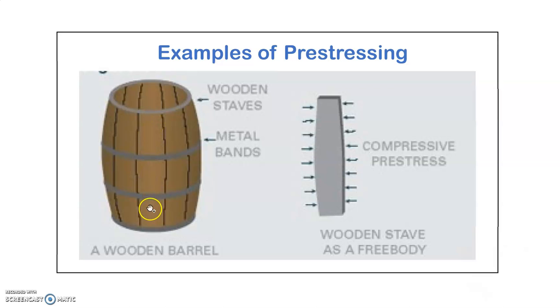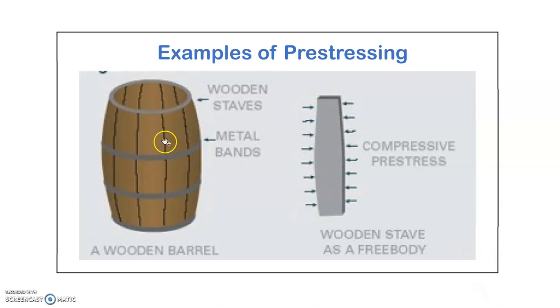See, this is a wooden barrel. All the wooden staves are connected by metal bands. When it carries liquid or any other solid things, usually that barrel can be used for storage of grains and liquids.